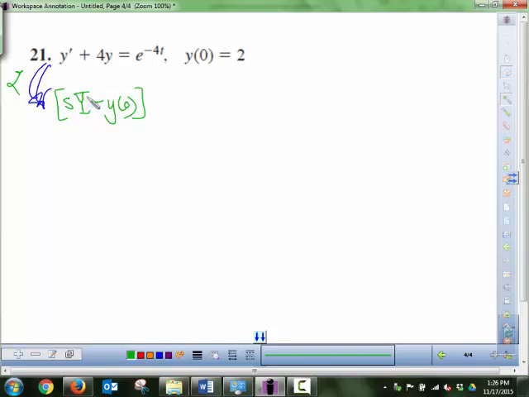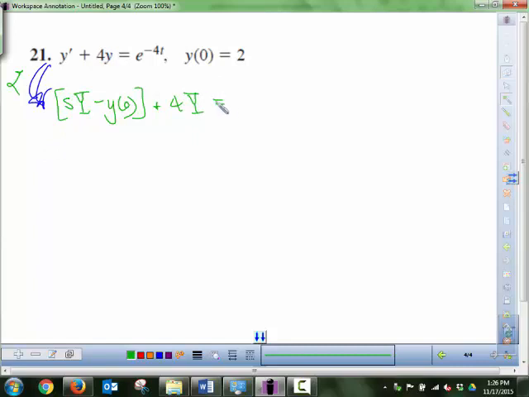Again, there's a little parentheses, little s here that I'm not writing anymore. You can if you want. And then we have a 4 times y, and y gets transformed into just capital Y because that's an unknown function that we're going to solve for.